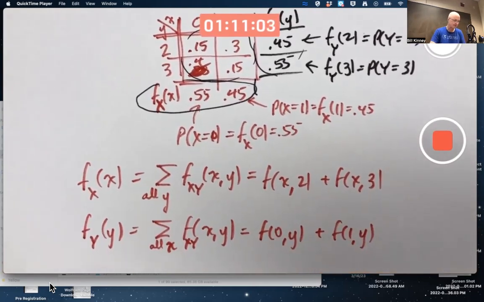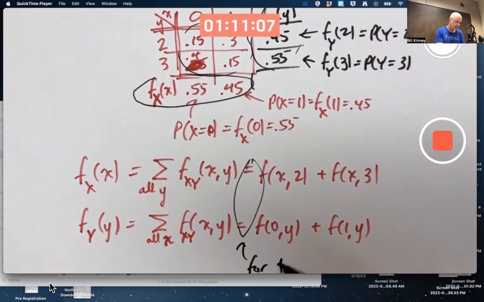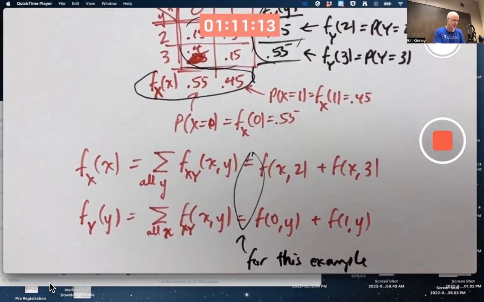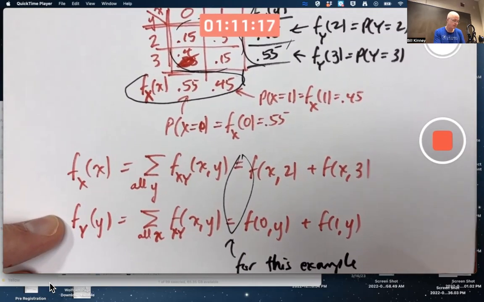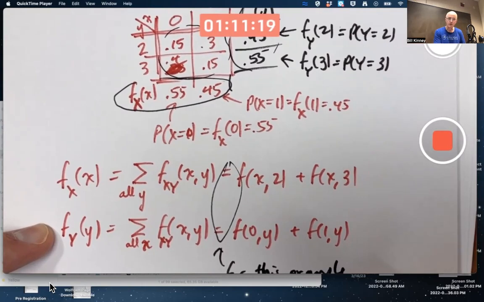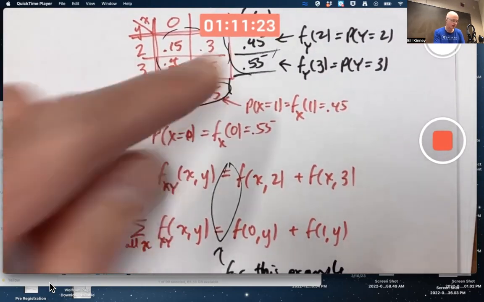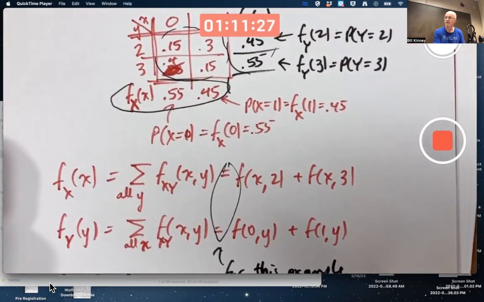These last equalities being for the present example. Okay. So once again, with this one, I could use this with y equal to 2 or y equal to 3. If I plug in y equal to 2, I'm adding these two values, and I get 0.45. If I plug in y equal to 3, I'm adding these two values, and I get 0.55. That's called the marginal distribution.